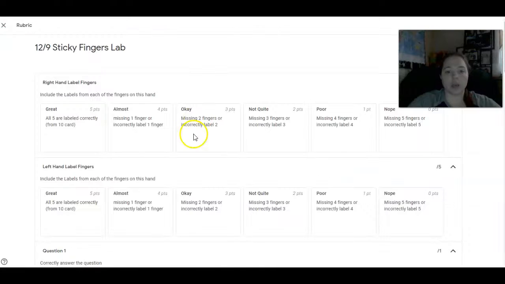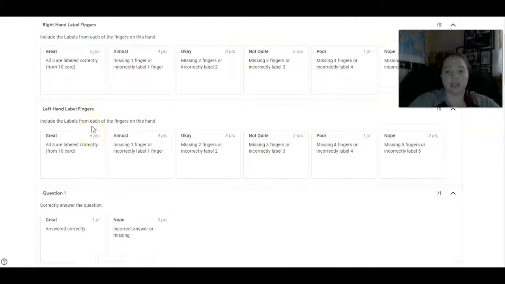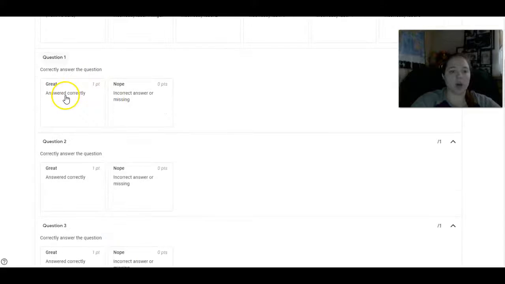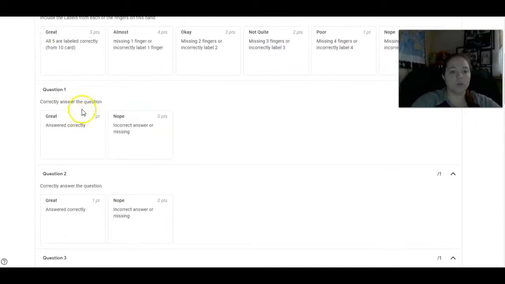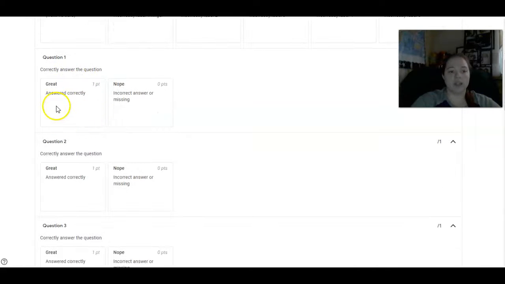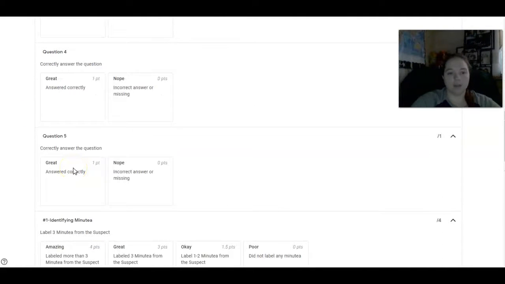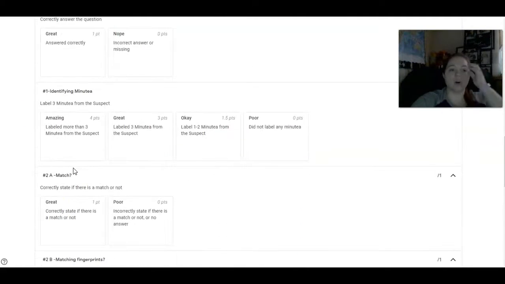In the rubric, I have right here, right hand labeled, left hand labeled. That's at the top. You're telling me from your stuff, so you should get 100s, aces across the board. Question 1. Correctly answer the question. It's answered correctly or incorrectly. Same with 2, 3, 4, and 5. Number 1, identifying the minutia.